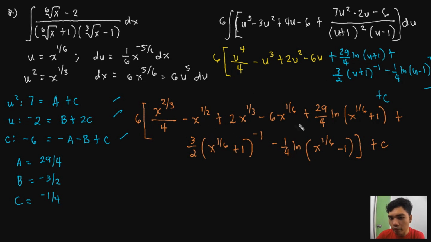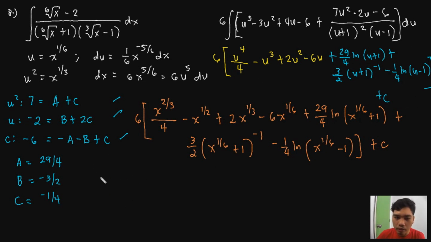kasi kung gusto natin i-factor out yung 1/4, di ba, medyo matatanggal yung mga denominator dito, so it will look more pleasing siguro, pero it's not necessary na, but I'll try to factor out 1/4 in each expression. So we have 6 over 4, or 3 halves, di ba?